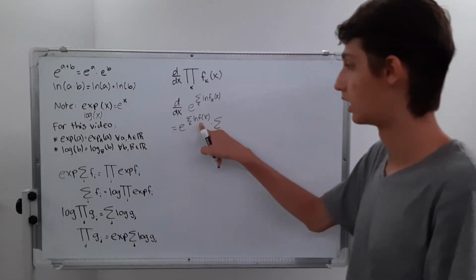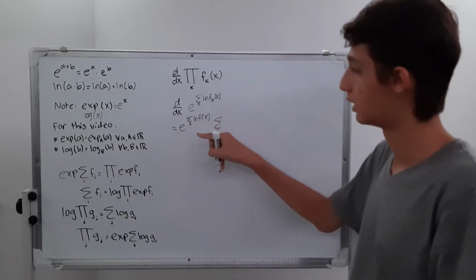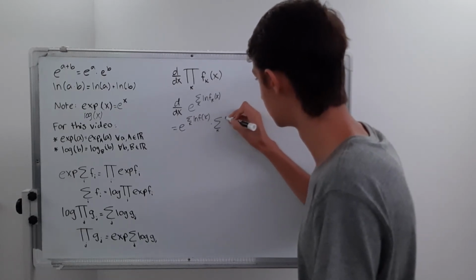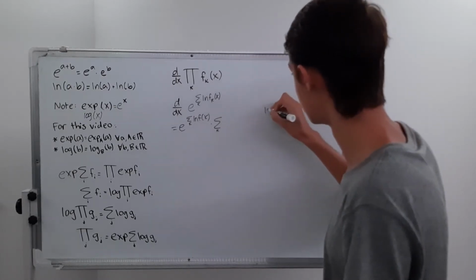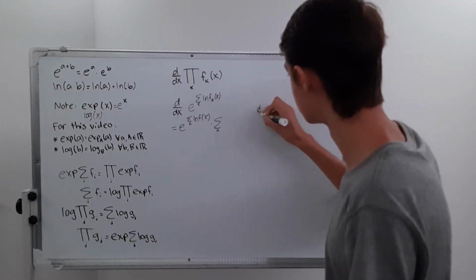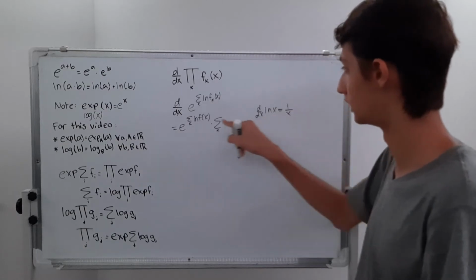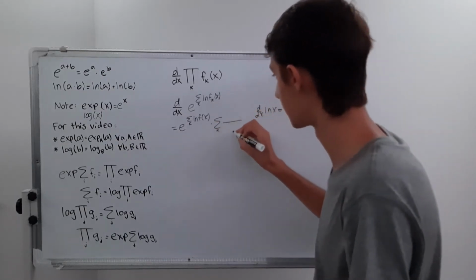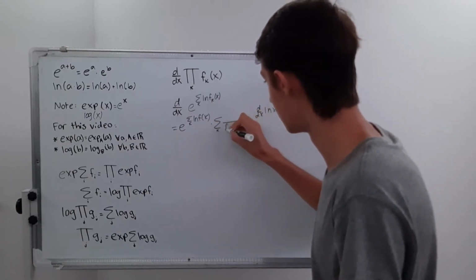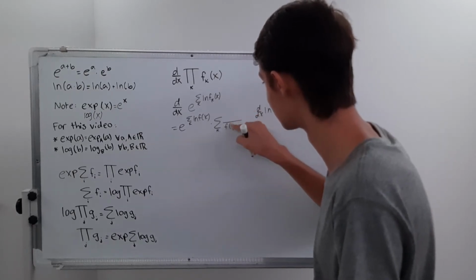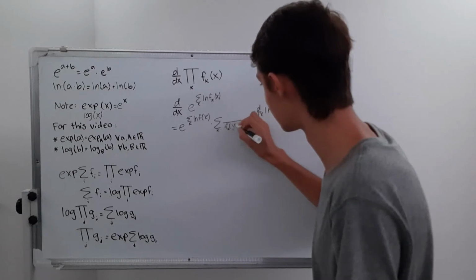So for the natural log of anything, if you're taking ln x, the derivative of that is 1 over x. So what you want is on the bottom. You're going to have a fraction, and on the bottom it's f_k of x.